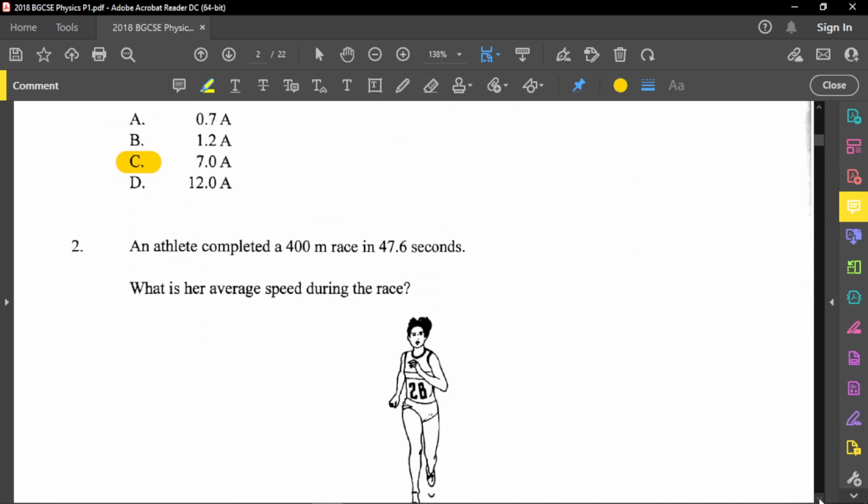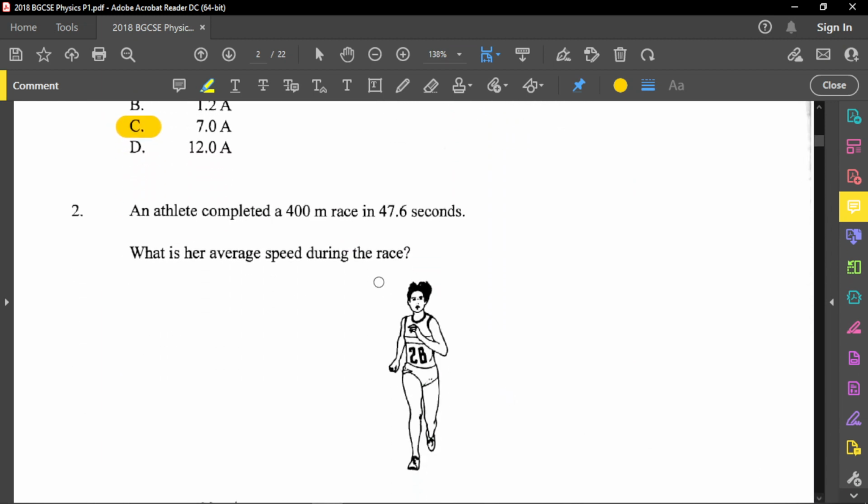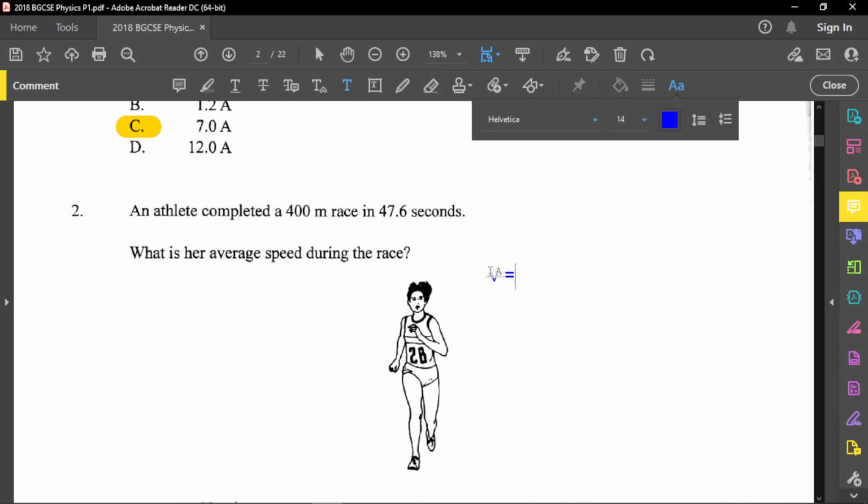All right, question number 2: an athlete completed a 400 meters race in 47.6 seconds. What is her average speed during the race? To find speed, speed is equal to distance divided by time.